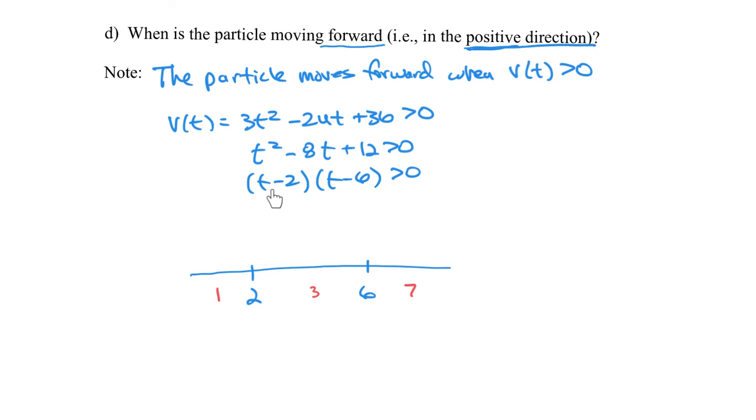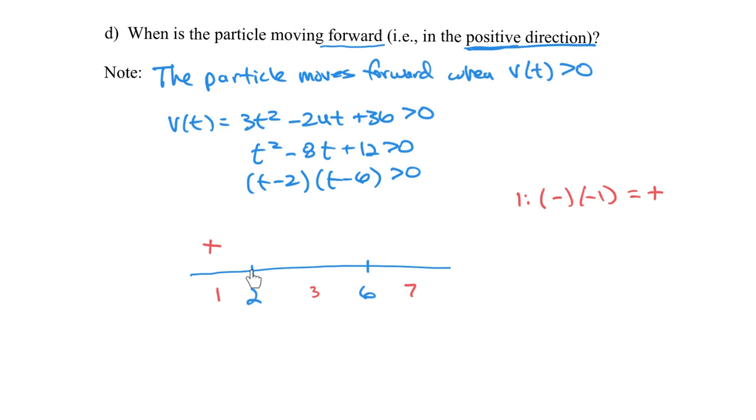If I plug a 1 in here, I get 1 minus 2, which is going to be a negative number. Then I plug a 1 in here, 1 minus 6 is another negative number. And then I multiply these, so negative times negative is positive. So I know up here, the velocity is positive.